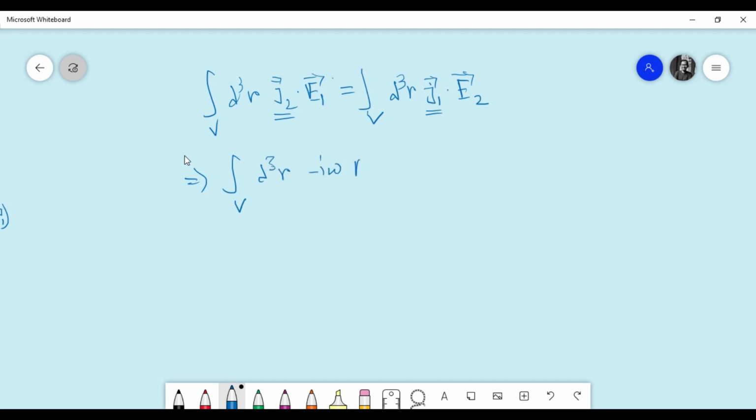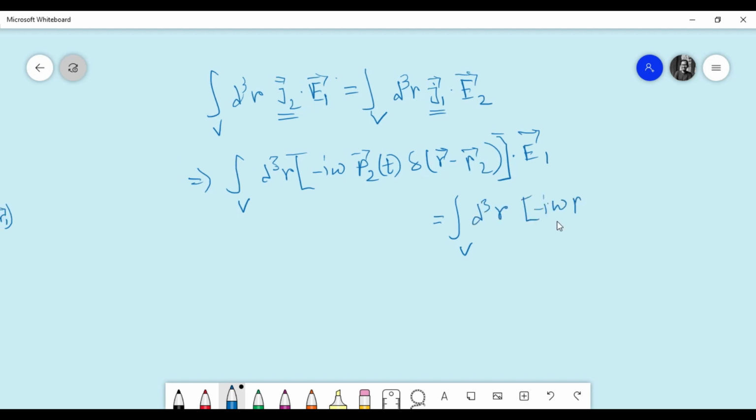So what are we going to get? Minus i omega P2(t) delta R2 dotted with E1. On the right side, you're going to get a similar relation, dotted with E2.